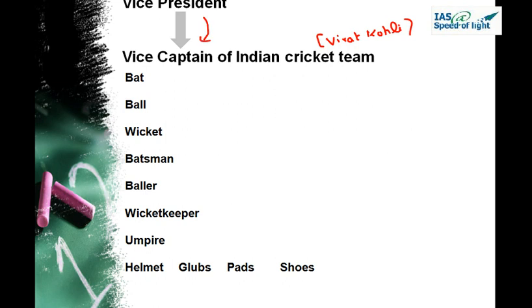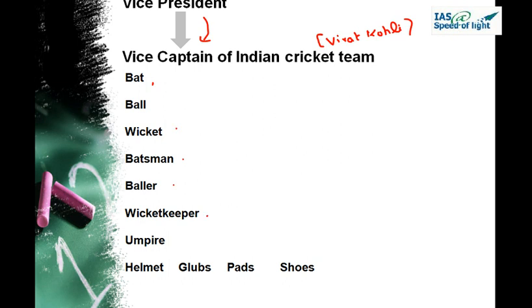Now we will see the sequence of some of the things in cricket. Starting with bat, ball and wicket. These are the first three important things. Now bat becomes batsman, ball becomes bowler, wicket becomes wicket keeper, right?